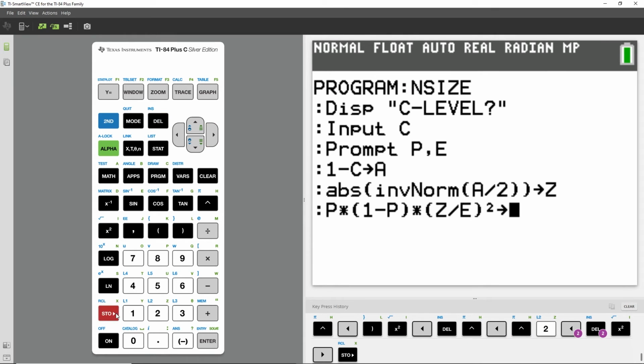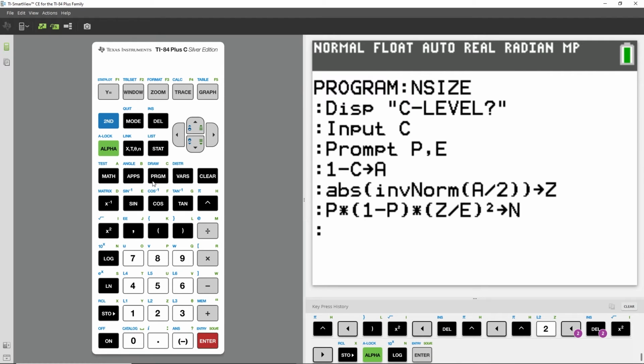But now we're going to store all of this in, let's store it as M. Actually, no. This is the formula for N, so we're actually going to store it in N. Alpha N. That's it.